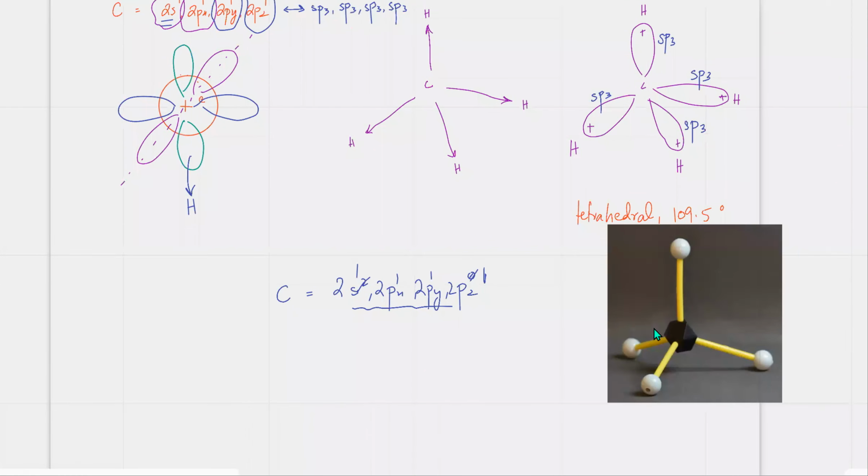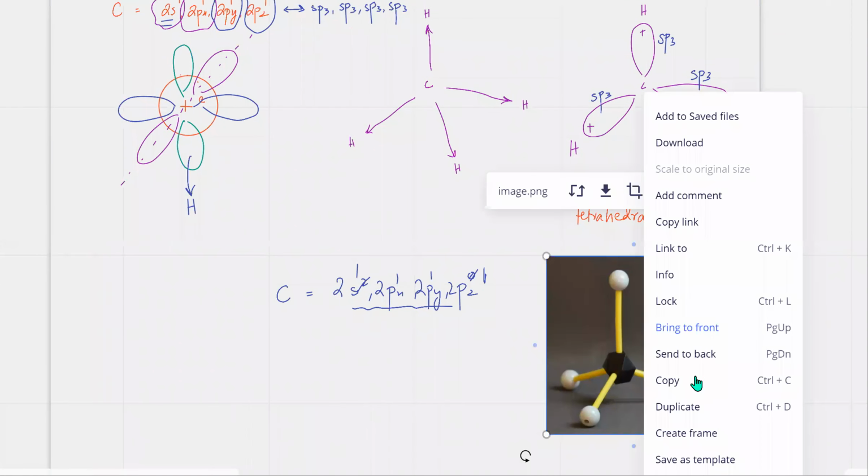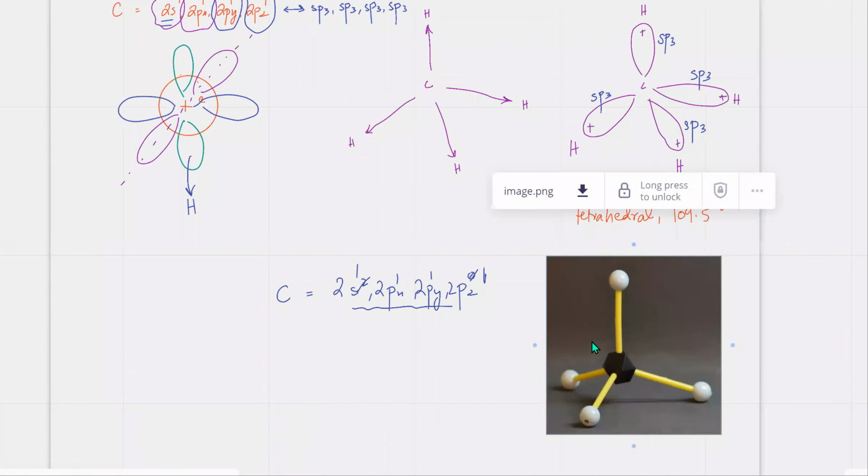So the four electrons have been pulled in four different directions, one electron getting pulled in this direction, over here, over here, over here. So that is sp3 hybridization.